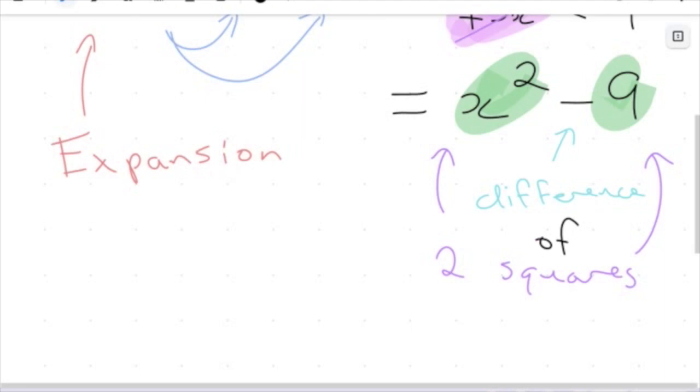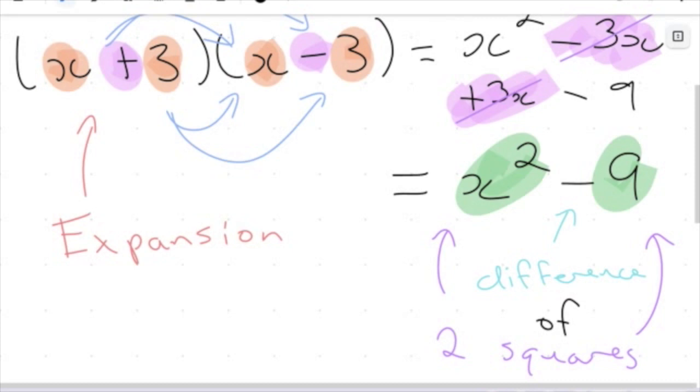And the 2 squares have an innate relationship with the terms in my brackets, because the terms in my brackets are the square roots of my difference of 2 squares. Think about it. The square root of x squared is going to be x. The square root of 9 is going to be 3. And the difference comes from the different signs, this plus and minus thing happening.